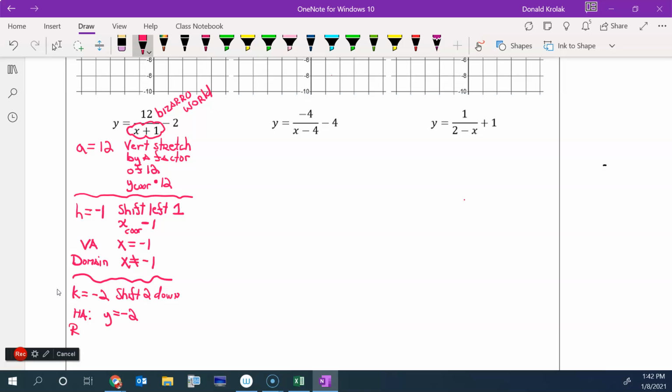And our range. There will never be a place where the graph has a coordinate where the y is negative.